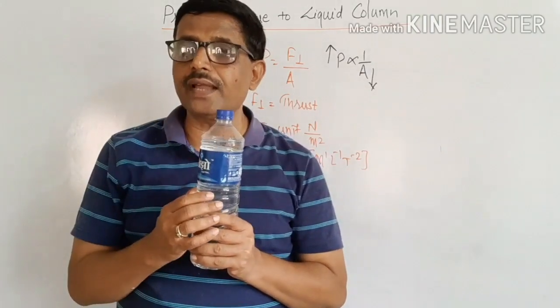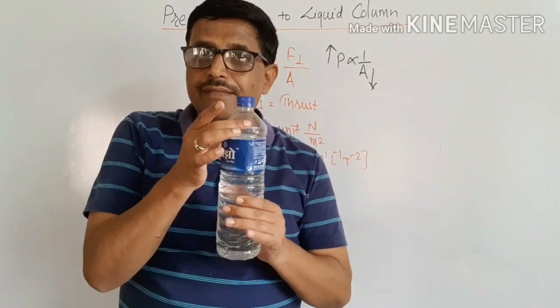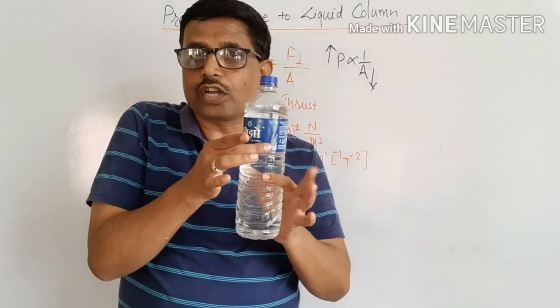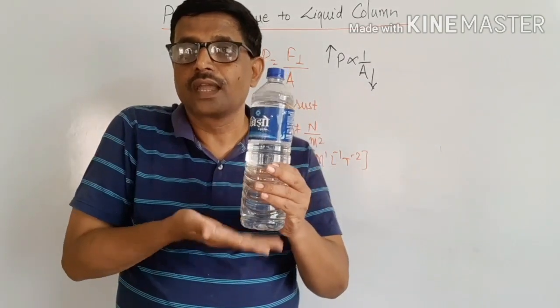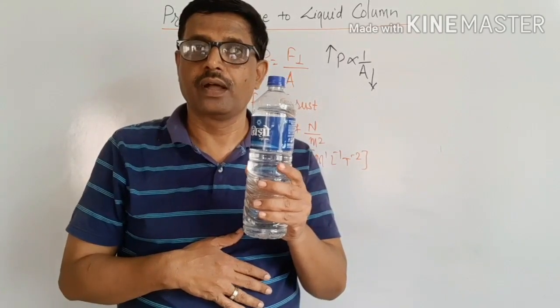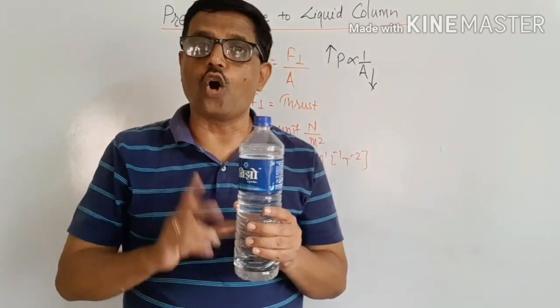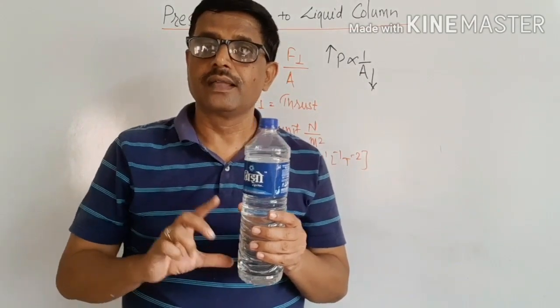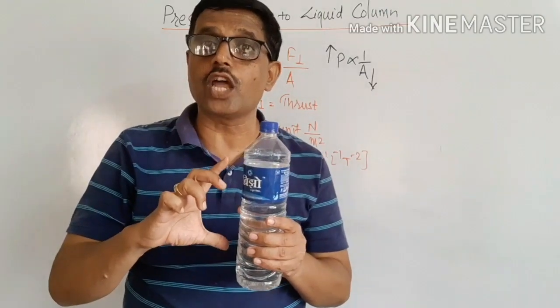At the same time, this liquid inside the bottle also exerts pressure on the bottom of the container. We will find out how much is the pressure exerted by the liquid column.